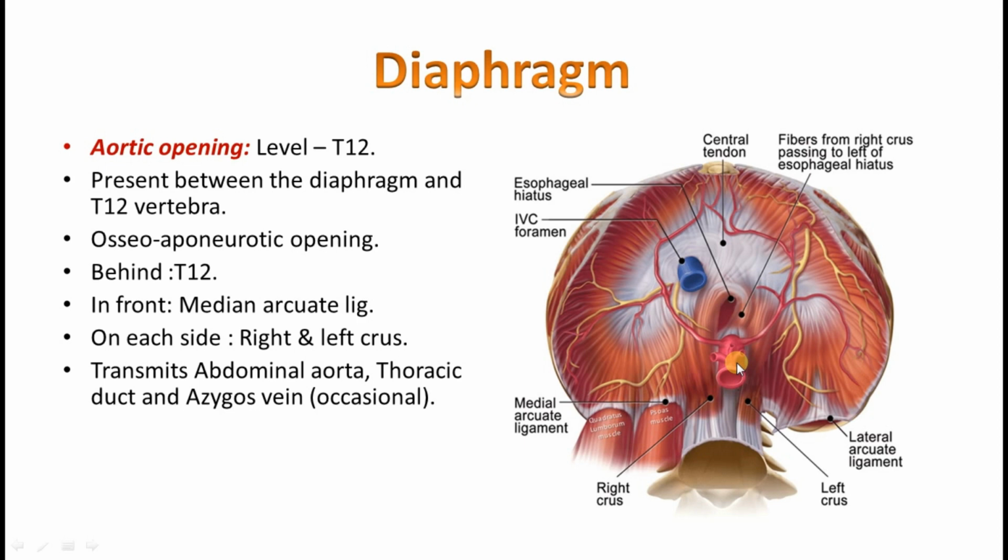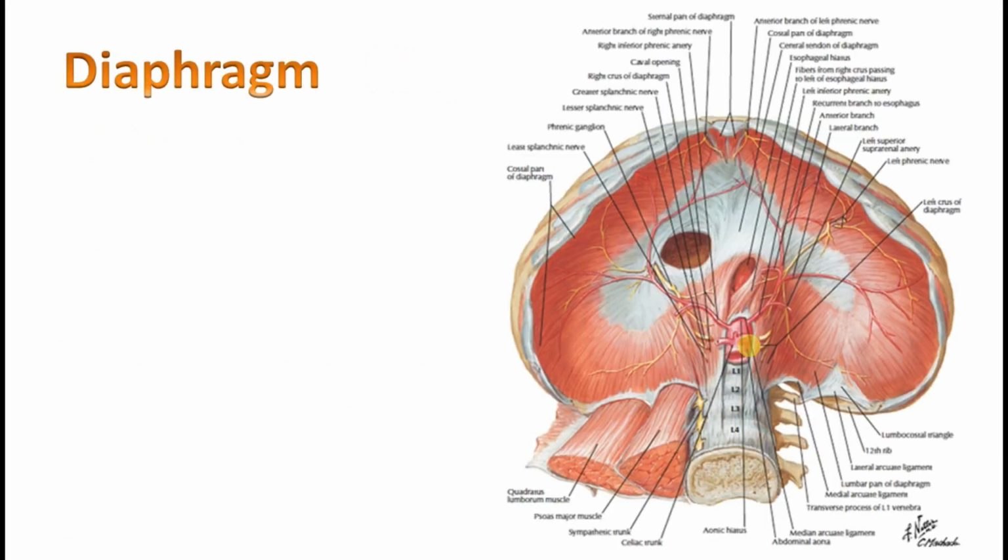When the diaphragm contracts, no change takes place in this aortic opening. It does not dilate or relax, because strictly speaking it is not an opening within the diaphragm. It is a gap between the T12 vertebra and the diaphragm itself. So that is about the major openings of the diaphragm.